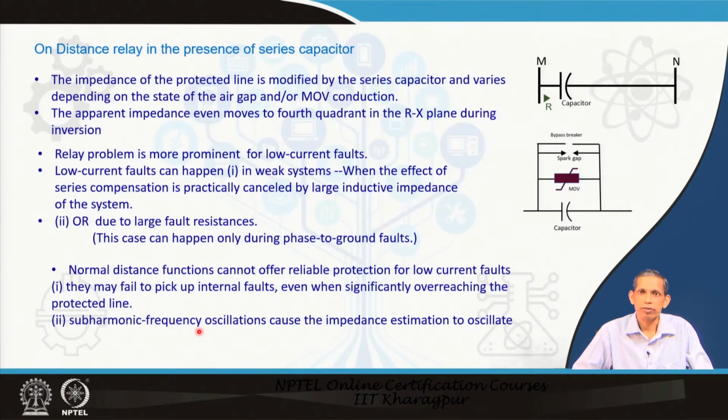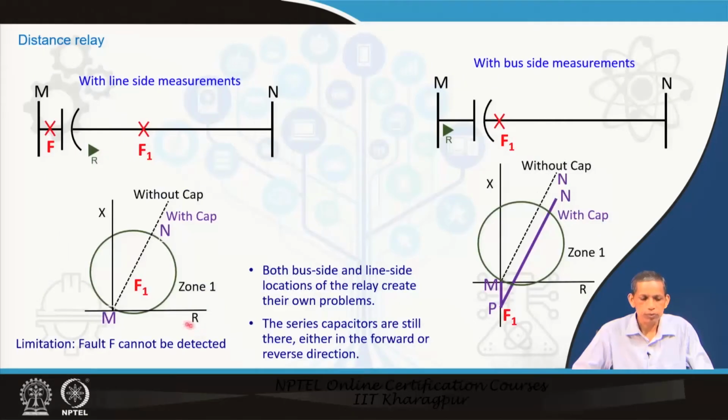That effect is also observed in the apparent impedance, and which may lead to reach issues from the reach setting perspective. So, we will consider more details on these issues in the perspective of distance relay in the presence of series capacitor. Now, let us have these simple issues, and then we will go to the more detailed ones.